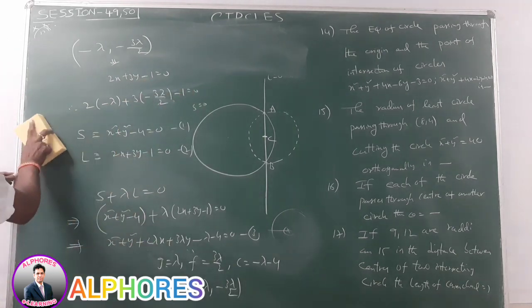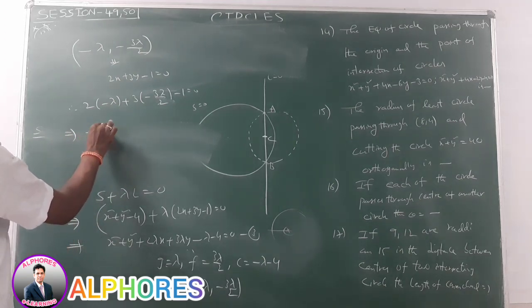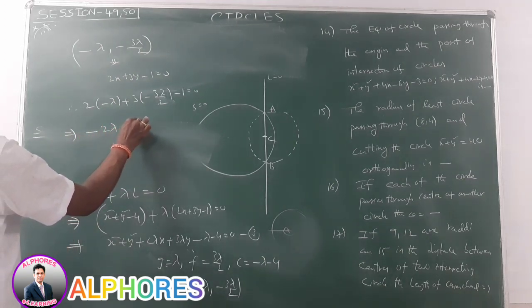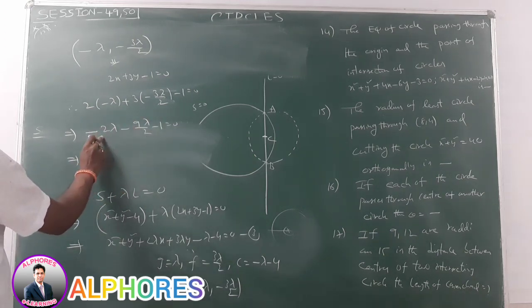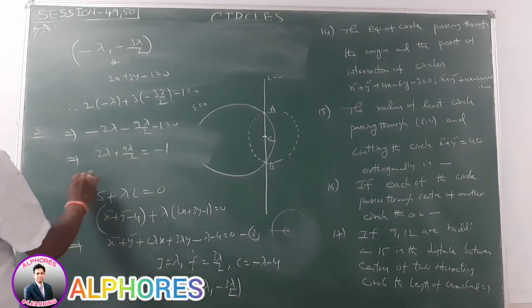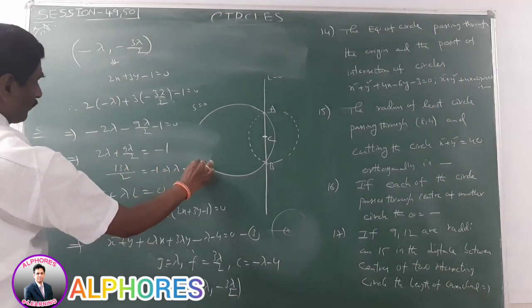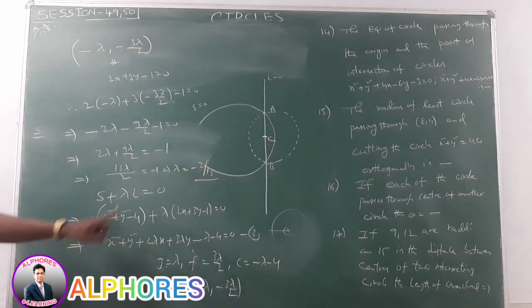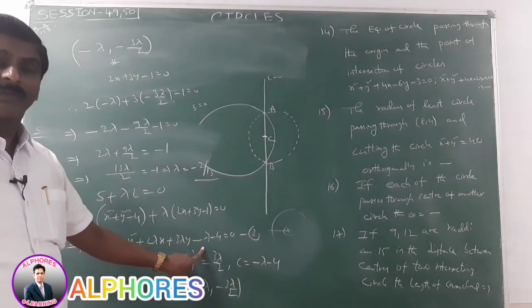That implies −2λ − 9λ/2 − 1 = 0. Taking the LCM 2, 2λ + 9λ/2 = −1, so 4λ + 9λ = −2, that is 13λ/2 = −1. What is the value of λ? λ = −2/13.